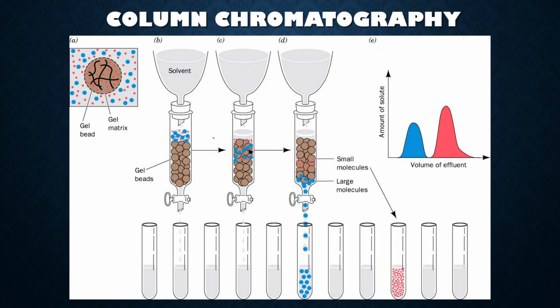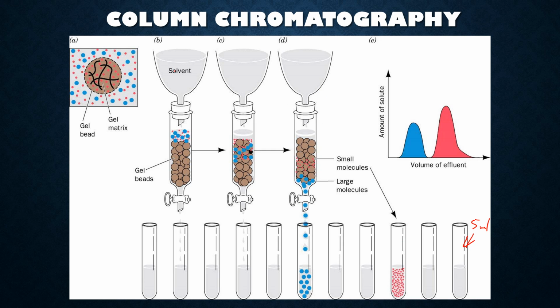And here you can see another schematic. I'm showing this because I have a number of different test tubes that are collecting a specific volume. Say they're all collecting 5 mL of eluent, which would contain our solvent and our sample mixture.